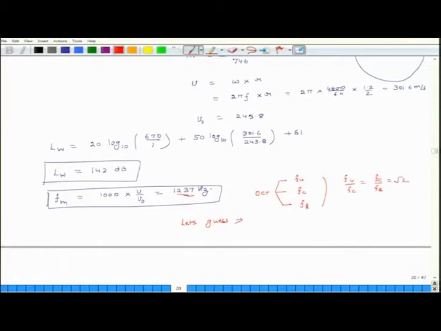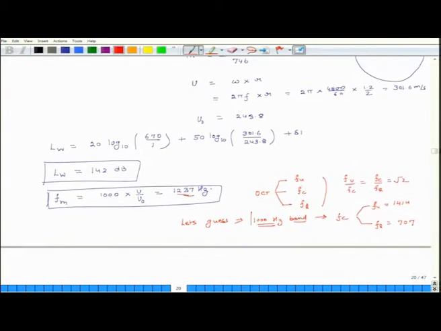So, let us guess. For the 1000 hertz band, this 1000 hertz is the FC. So, its FU will be root 2 times 1000, which will be 1414, and FL will be 1000 divided by root 2, which will be 707.